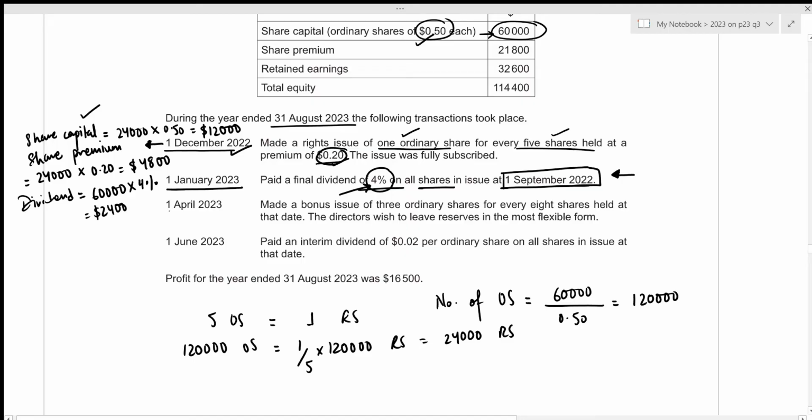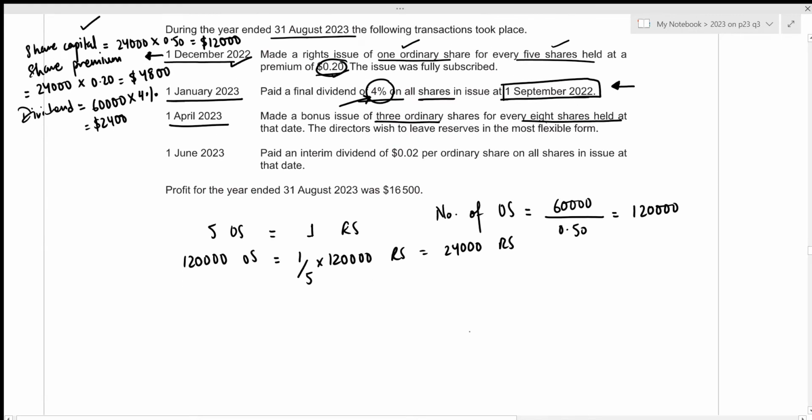Okay, now at the date of 1st April 2023, the company made a bonus issue of 3 ordinary shares for every 8 shares held at that date, and the directors wish to leave reserves in the most flexible form. Okay, so the criteria here is for every 8 ordinary shares, we are providing 3 bonus shares. Again, we first need to calculate the number of ordinary shares.